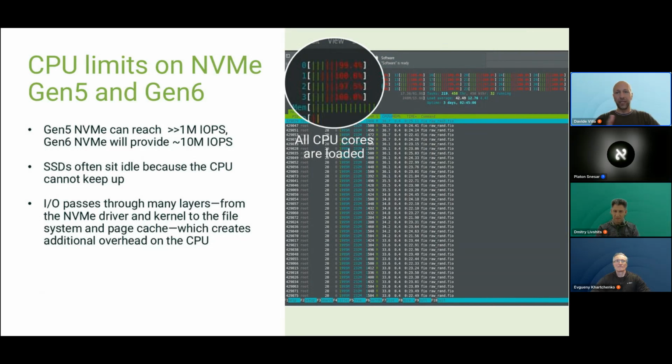And in about 1 year, you will be able to get 10 million plus IOPS from Generation 6. Those drives are very demanding from an I/O perspective, so they create a significant amount of load on the CPU. The I/O goes through multiple layers: the NVMe driver, the kernel, the file system, the page cache, which creates additional overhead on the CPU.